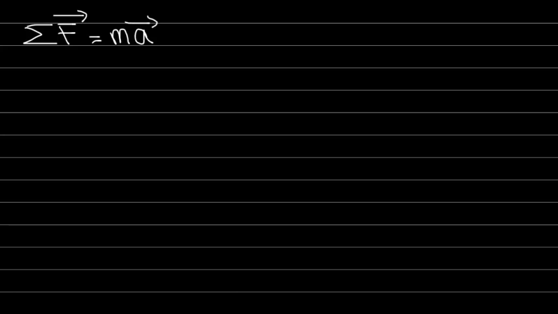Now, this does not suffice to describe observations that are made by an accelerating observer, right? And so here we say that the Newtonian framework is incomplete and it's limited. So we need something else.